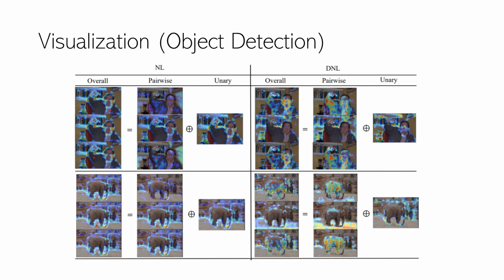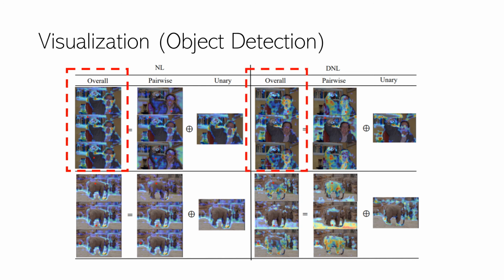This is the visualization of the learned attention maps on object detection. The left shows the results by the standard self-attention models, and the right shows the results by the disentangled self-attention models. We can see for standard self-attention models, the attention maps of different query points are almost the same, indicating a degeneration to unary models.